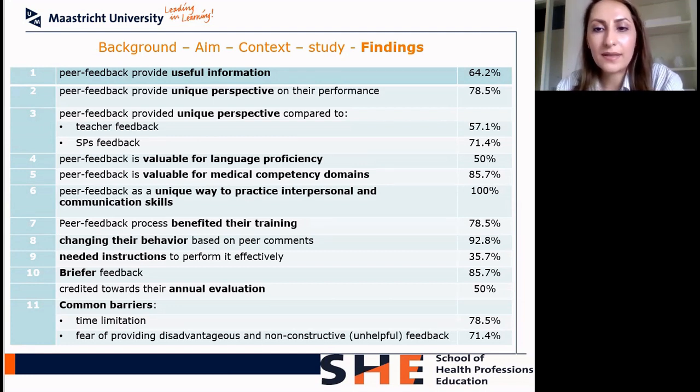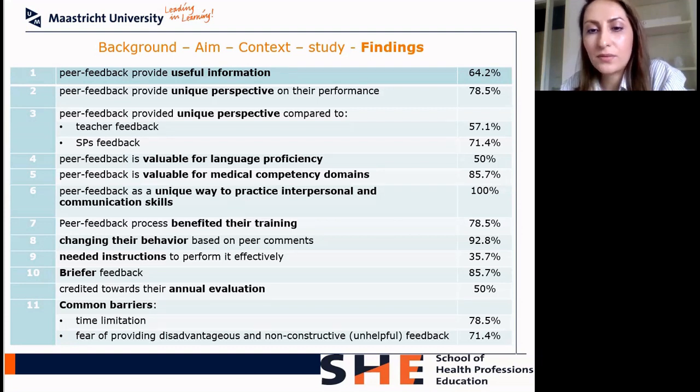The students also agreed that it's valuable for language proficiency and for medical professional skills. And all of the students believe that peer feedback is a unique way to practice interpersonal and communication skills. It also benefited their training, and they would change their behavior based on their peer comments.